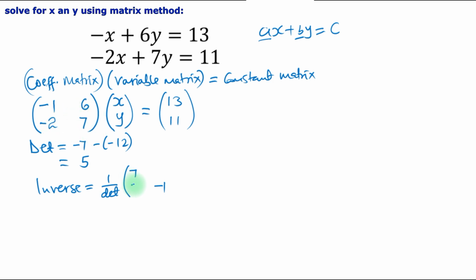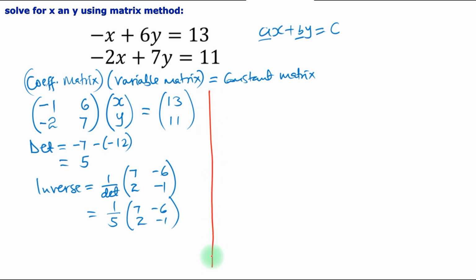So 2 will be positive 2, 6 will be negative 6. In our case, this is 1 over 5, since the determinant is 5. So 7, minus 6, 2, minus 1. So that is the inverse of the matrix.